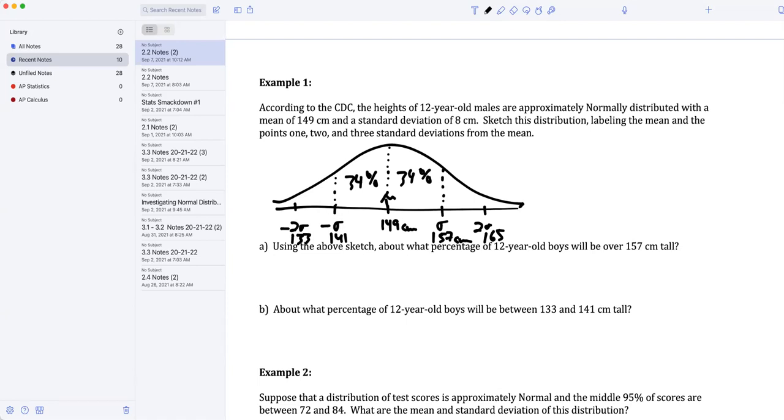Let me extend this out a little bit. We'll go to 3 sigma and -3 sigma. So this is going to be 125, and on the other side, 173.